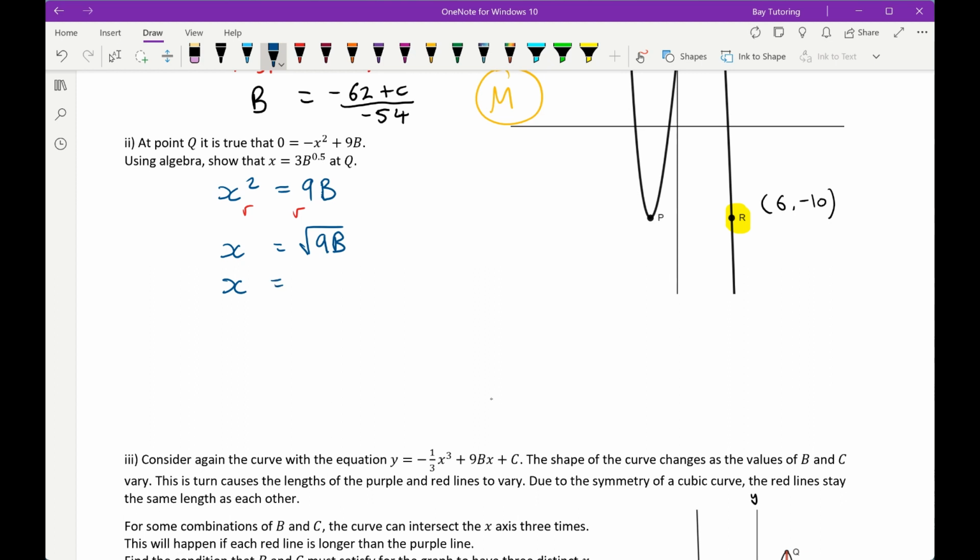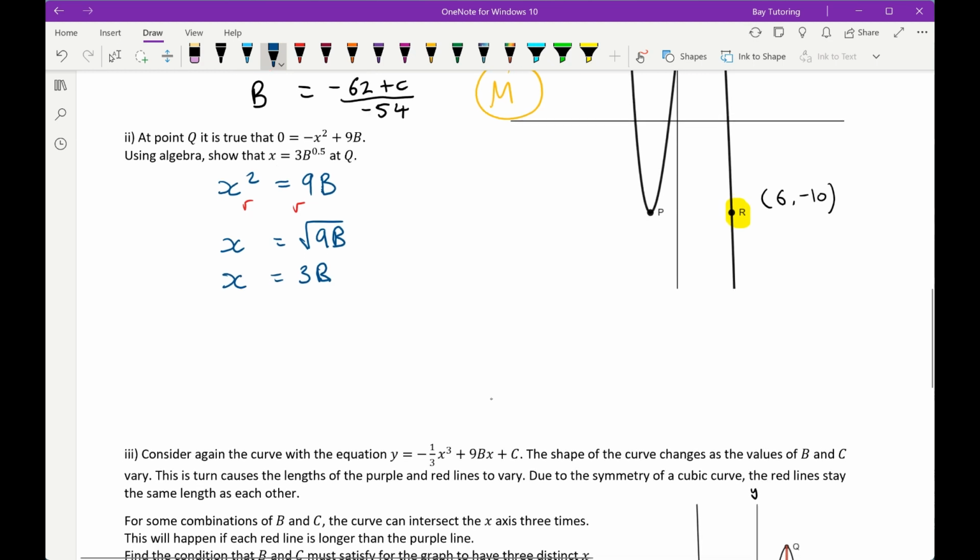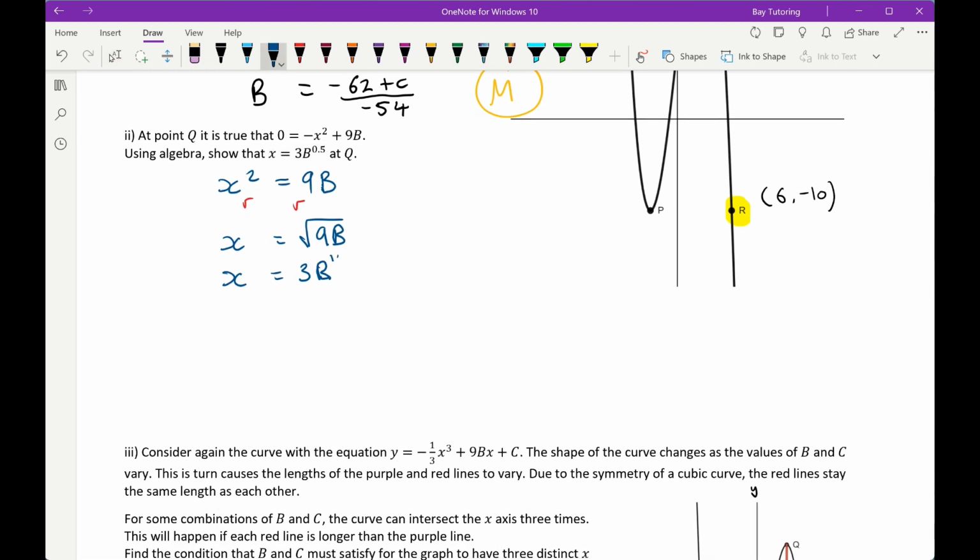Square root of 9 is 3, and the square root of b is, well, square root b. We can write that, though, as b to the power of 1/2. The reason for that is a root: if you've got a root x to the power of b, you can write that as x to the power of b over a.